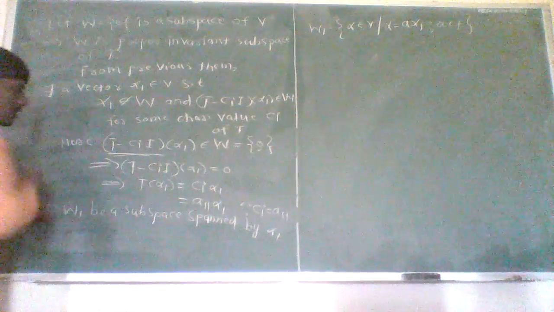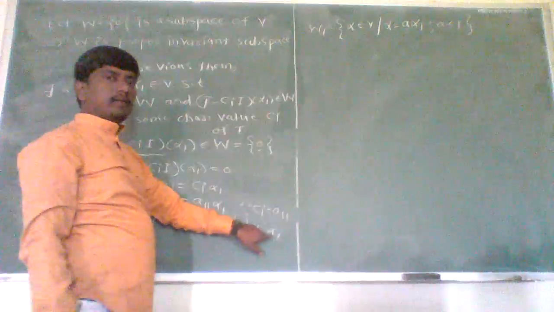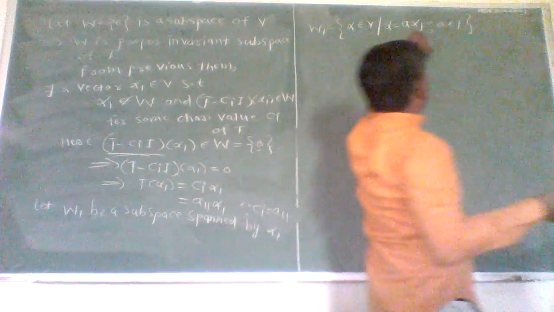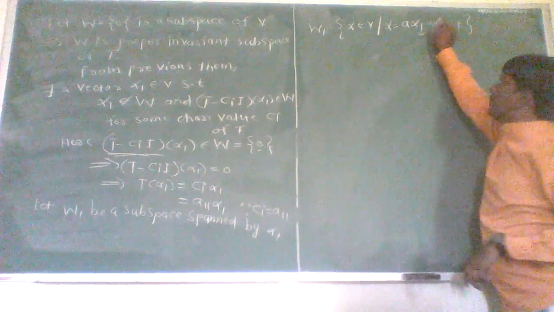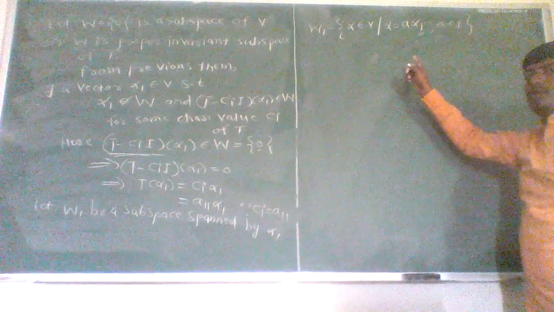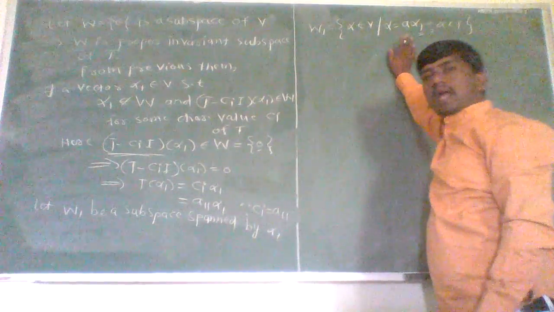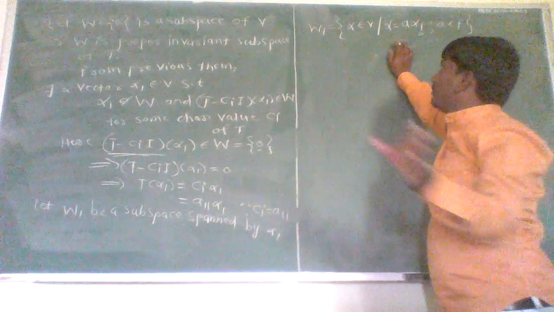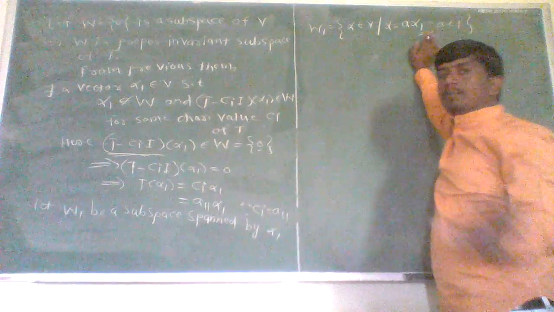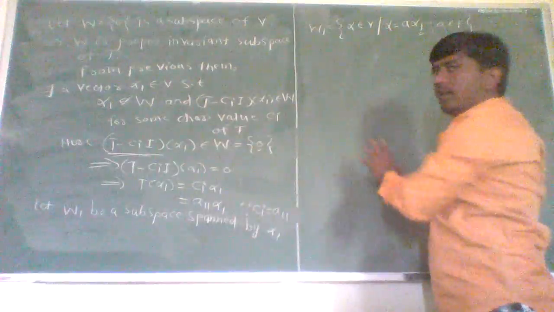That is, W1 is a subspace of vector space V spanned by only one vector alpha 1, and the dimension of W is not equal to the dimension of W1, which implies W1 is a proper subspace of V.